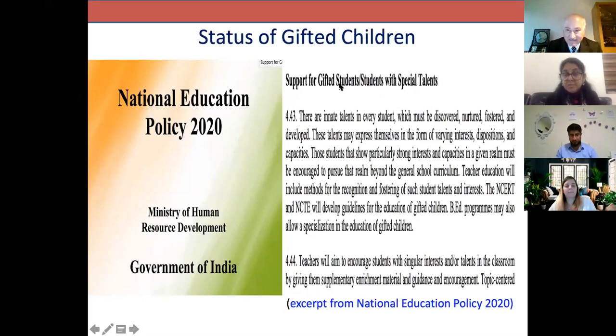So the term gifted students in the National Education Policy is the biggest focus of attention for people like us who were relentlessly working in the area of gifted education.